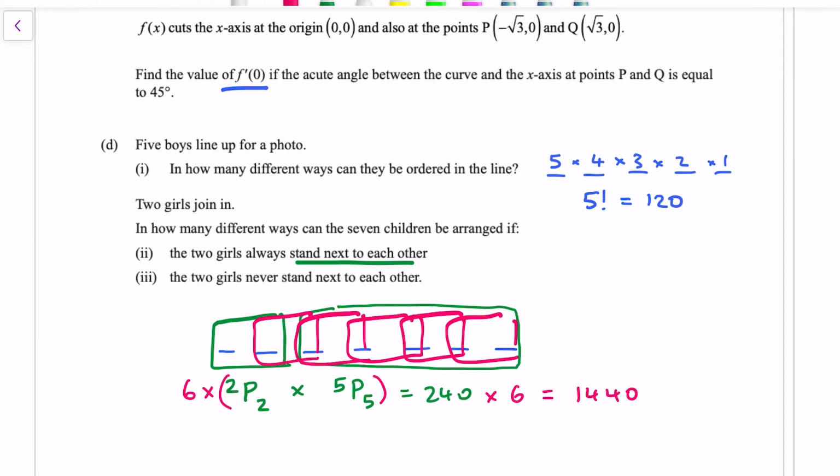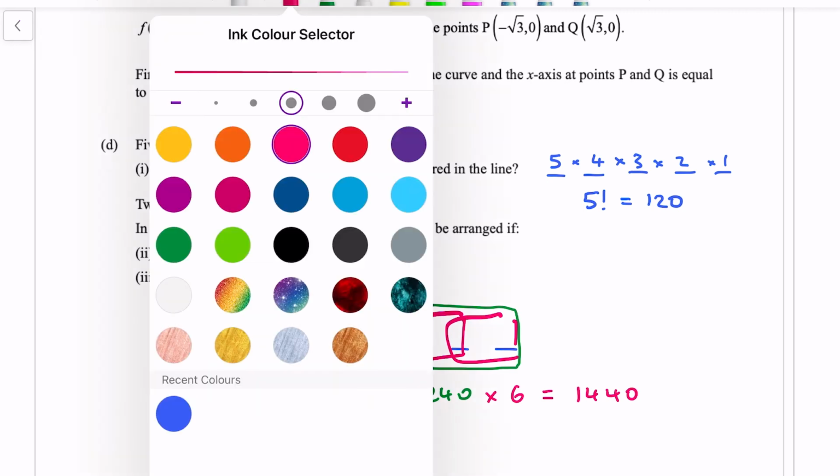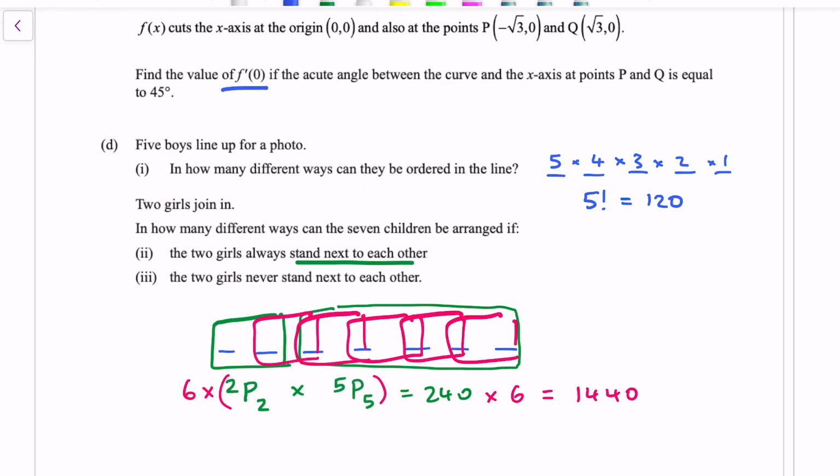Well, there are 7 people, so there's 7 factorial ways of arranging them. And if we minus off the 1440, which is where the girls are standing next to each other, the remaining combinations will be the orderings where the girls aren't standing next to each other, 3,600. Okay, catch you in the next video.